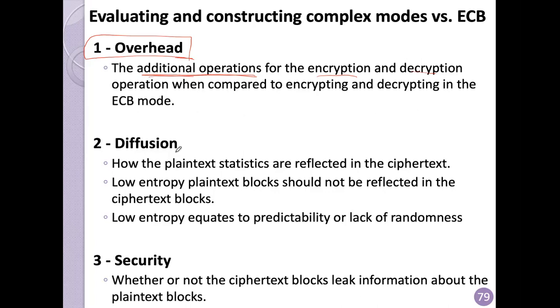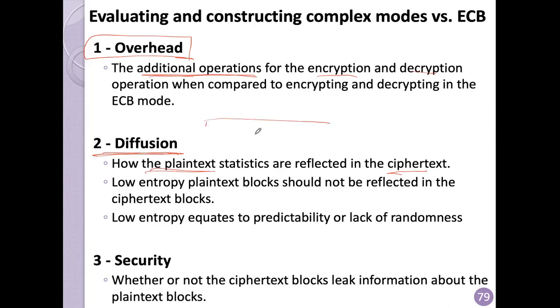The second thing is diffusion. This is what we don't see in the images that I showed you. How the plaintext and ciphertext are statistically related, dependent or independent. Of course, when we say plaintext here, we are talking about big plaintext, not one block of data.